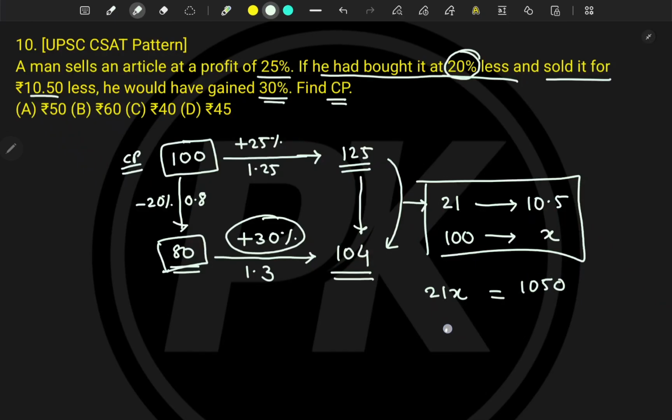This is 10.5 into 100, and hence x is equal to 1050 divided by 21, and 21 5s are 105, and that 10 as it is. Hence x is equal to 50. That means the cost price is equal to 50. That is what was asked. Simple problem, right? No formula we have used here. So in most cases you can go ahead with this.